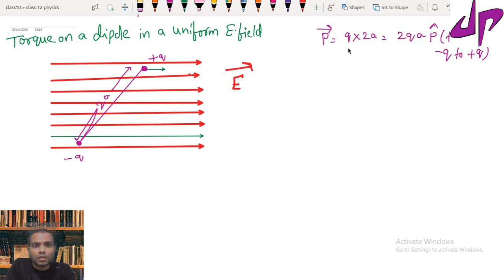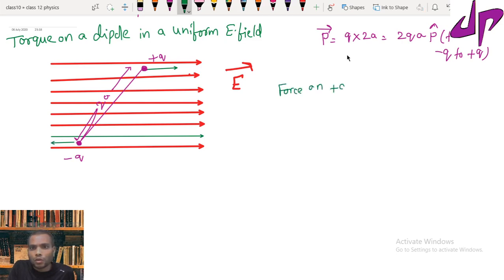So this is the direction of the force which acts on the positive charge, and on the negative charge the force direction will be in this direction. We write this by convention, showing the direction of the force here.